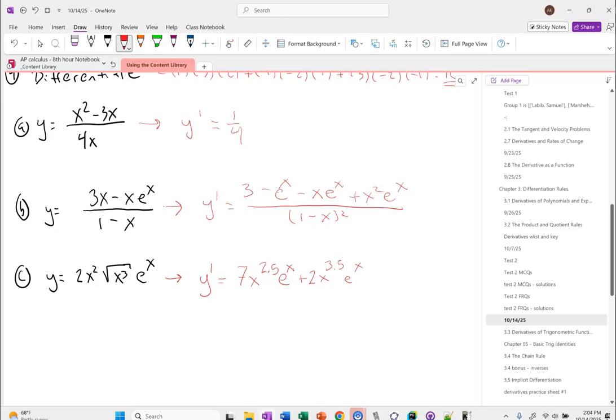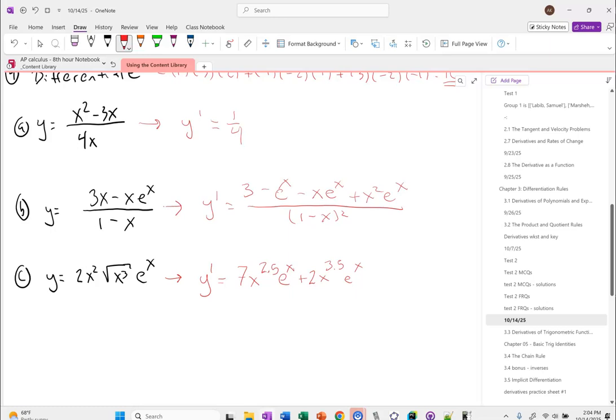That's it, 7x to the 2/5 e to the x plus 2x to the 3.5 e to the x. Did I say 2/5? I meant 2.5. Because it's multiplication. Yeah, because there's a product property involved there. So then it would be the product rule. Okay. Yep. So where did you get 2.5?